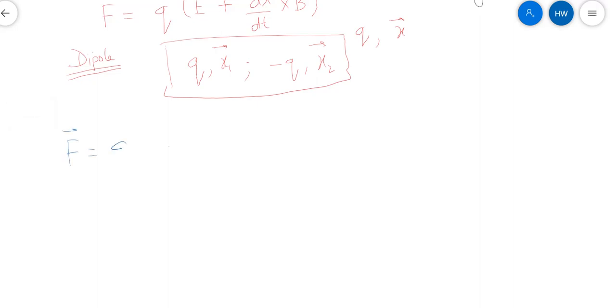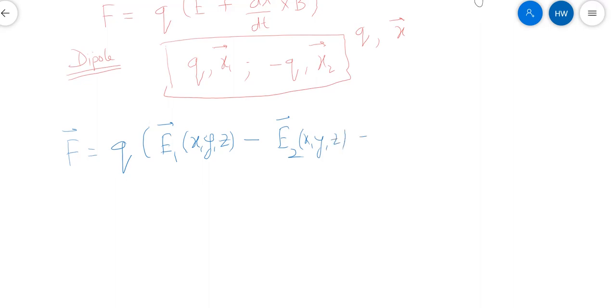So the force F is Q times E1, which is the electric field at the location of the charge 1, which of course is a function of x, y, and z. And you have minus Q, so that's minus the electric field at the location 2, x, y, z.